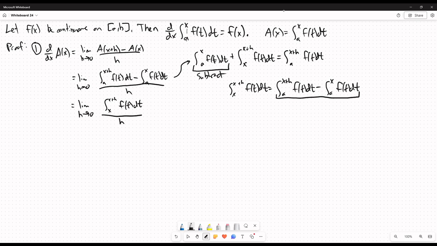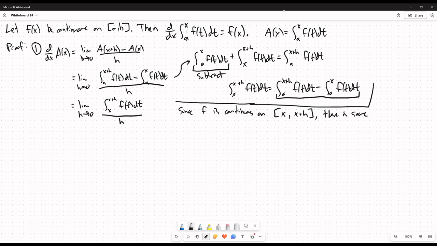Okay, here's where we're going to use the mean value theorem for integrals. So, since f is continuous on the interval x to x plus h, there is some, we'll call it c sub h, just for fun.